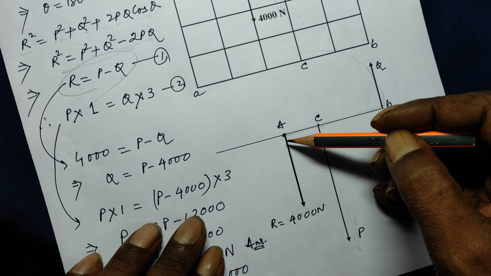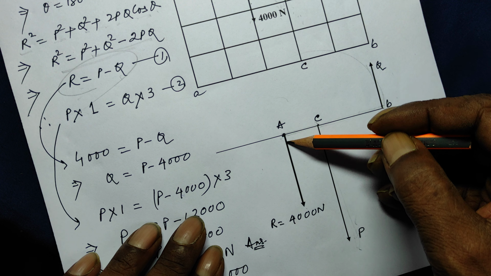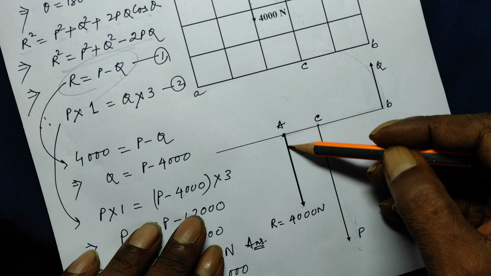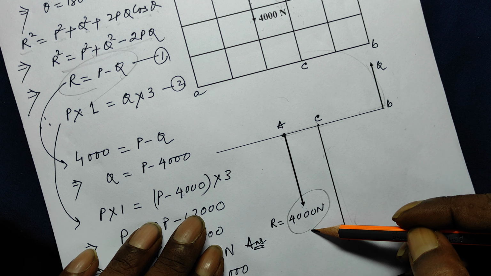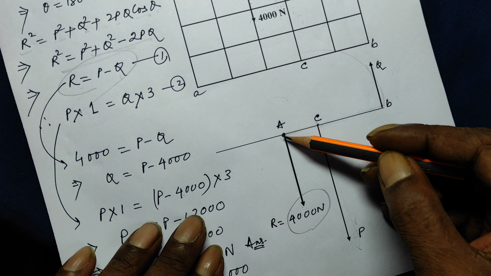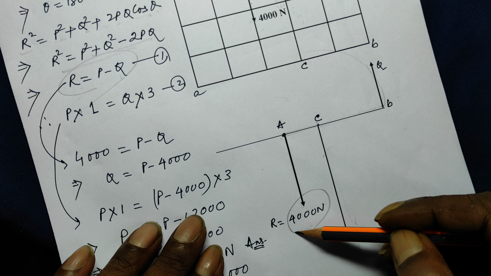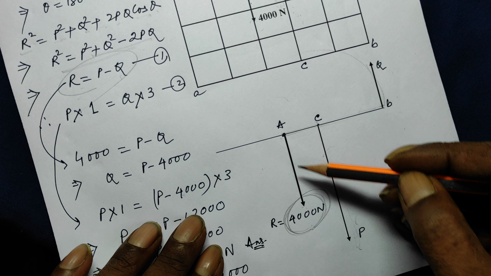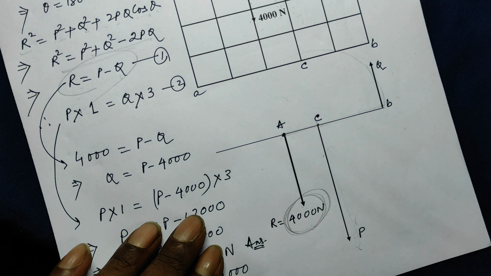So the moment of this 4000 Newton about point A is 0 because the line of action of this 4000 Newton does not have a perpendicular distance from this point. So the turning effect of this 4000 Newton about point A is 0.